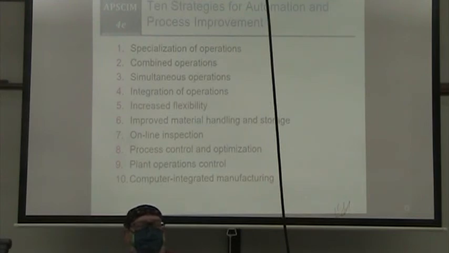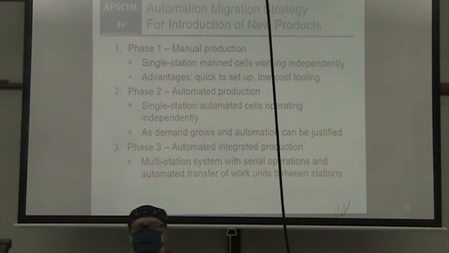More and more, we want an understanding back and forth of what the operations are doing and how they relate to the operation before and the operation after. And computer integrated manufacturing. Obviously, it's something we want.